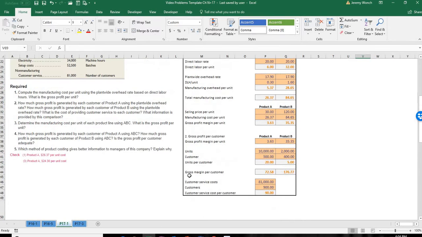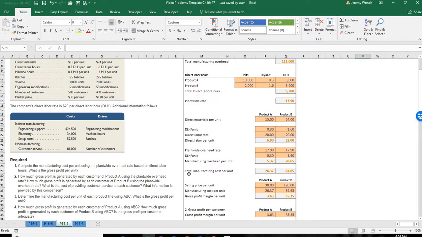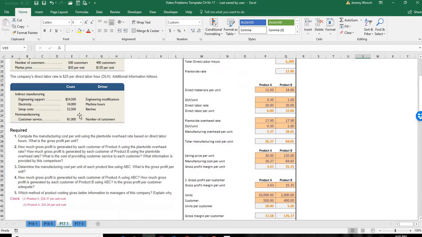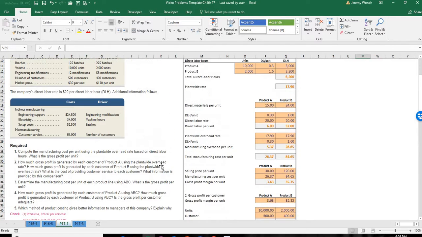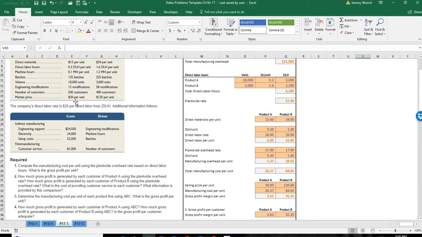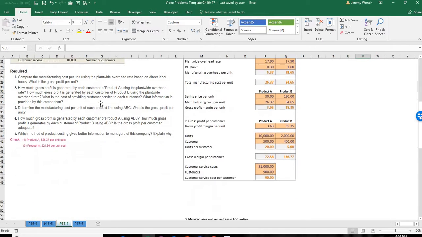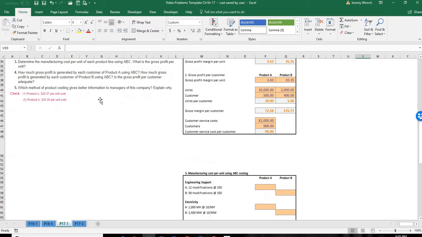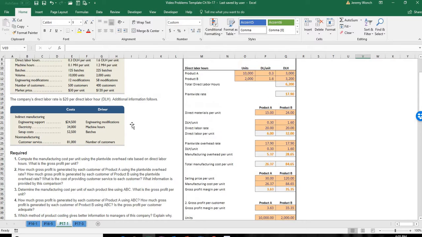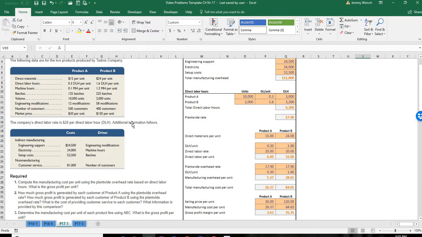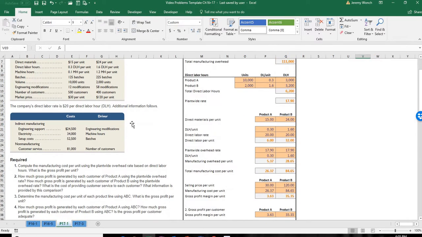So with our engineering support, it tells us up here that for engineering modifications, we do 12 engineering modifications for product A and 58 for product B. And I think it tells us the cost here. Let's see.